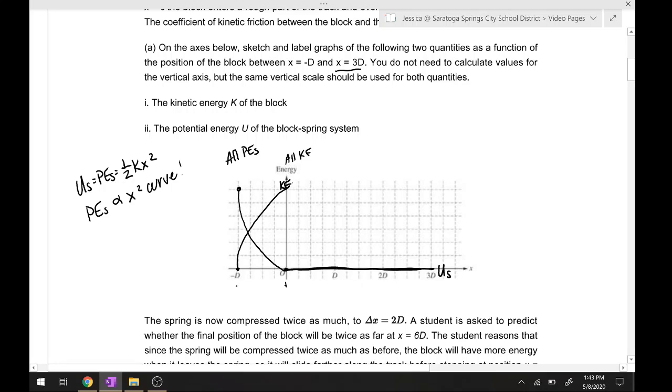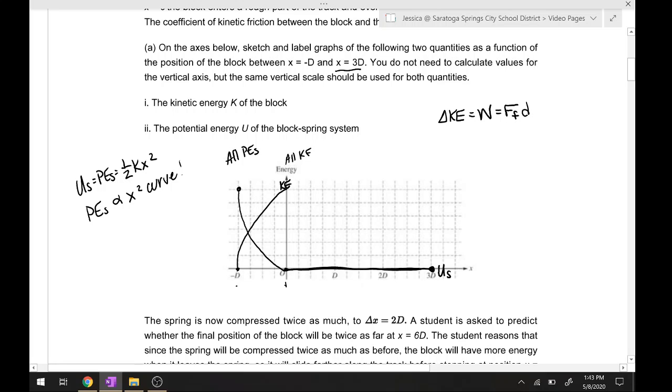Okay, now the block slows to a rest and eventually comes to a stop at 3D. So now we need to figure out what the graph should look like for the kinetic energy between 0 and 3D. The reason there is a change in kinetic energy is because work is being done, specifically work being done by the force of friction.